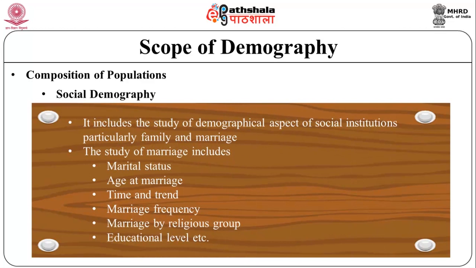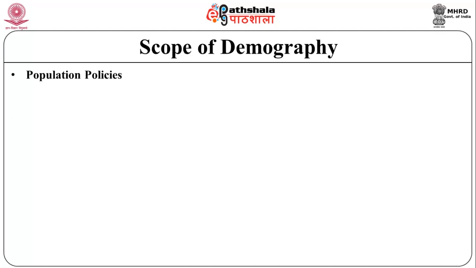Social demography is the next one. It includes the study of demographic aspects of social institutions, particularly family and marriage. The study of marriage includes marital status, age at marriage, time and trend, marriage frequency, marriage by religious group, educational levels, etc.